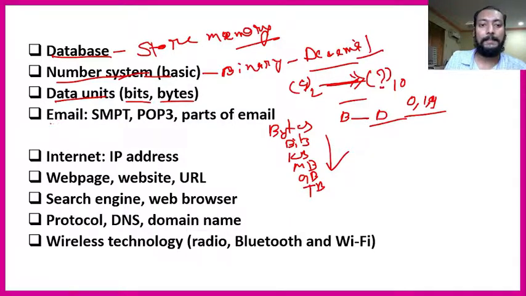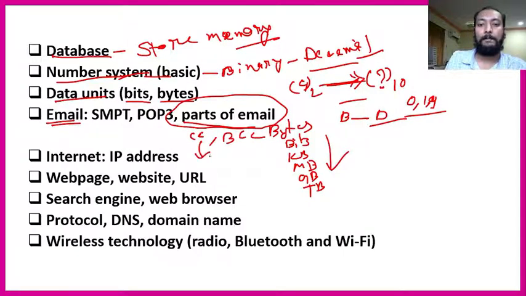Plus we explain the email. Email means electronic mail. We will be sending email. We need to understand the email protocol, or the parts of the email. Different types of parts will be there. Most of the time they will ask questions from CC and BCC. CC stands for carbon copy and BCC stands for blind carbon copy.